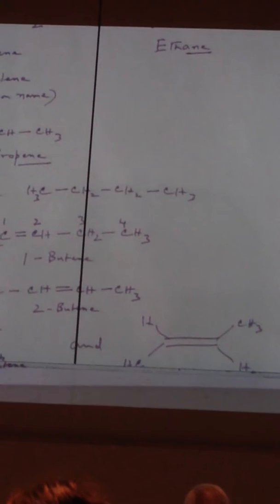So between 1-butene and either one of these two, they would be constitutional isomers, and the relationship between cis and trans 2-butene is that they are stereoisomers.